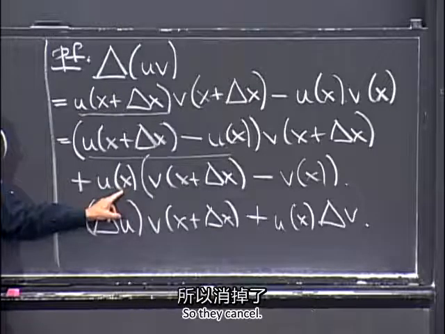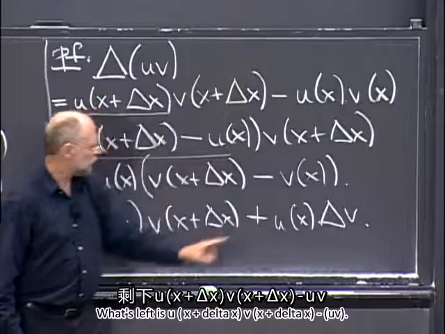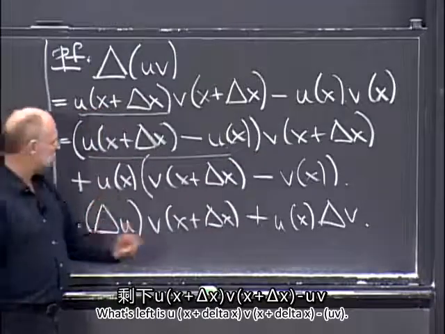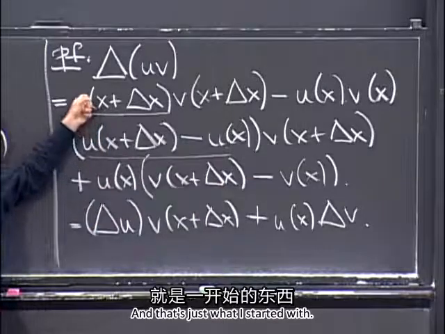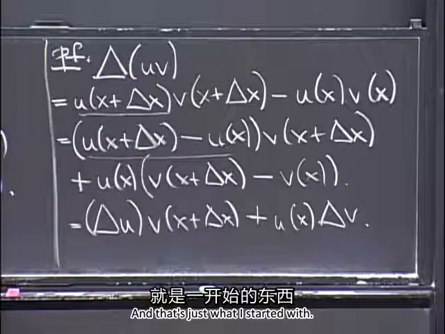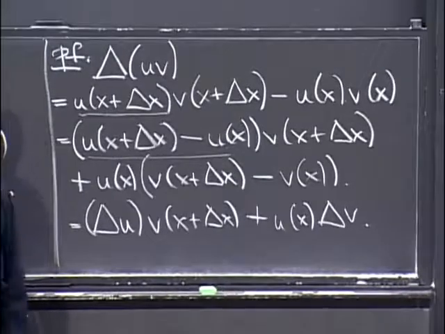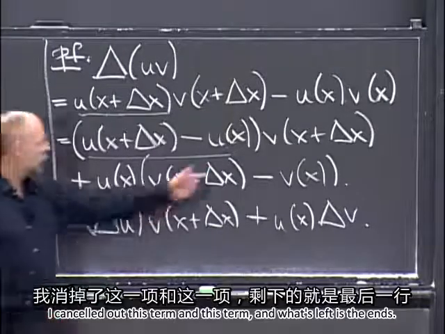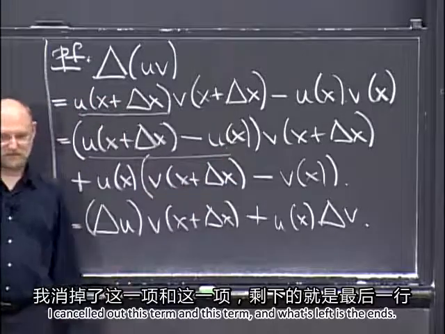So they cancel, and what's left is u of x plus delta x times v of x plus delta x minus u times v, and that's just what I started with. But wouldn't the addition and subtraction, I mean, they cancel, right? I canceled out this term and this term, and what's left is the ends.